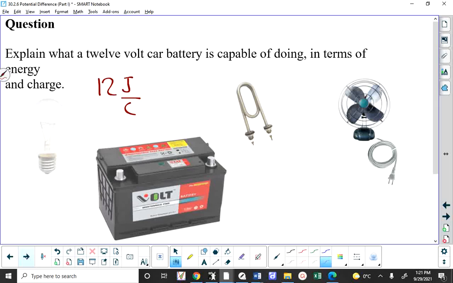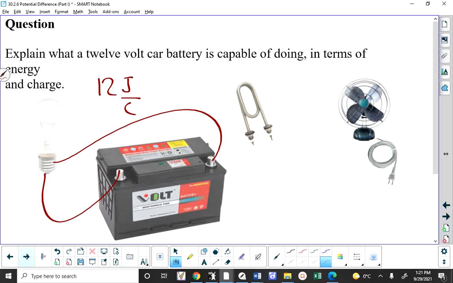So for every 1 coulomb of charge that flows in the battery, you're going to get 12 joules of energy being produced. So if I connect it to a light bulb, and we had 5 coulombs of charge flowing around in this circuit, then we would get 60 joules of energy because it's 12 joules for every coulomb. It would be heat energy and light energy.